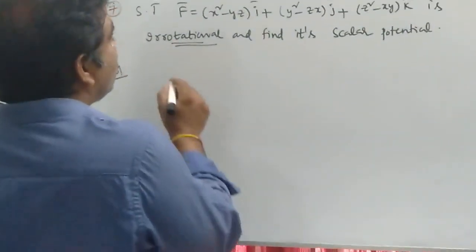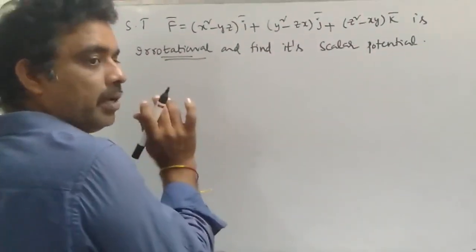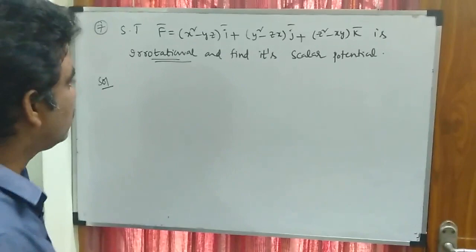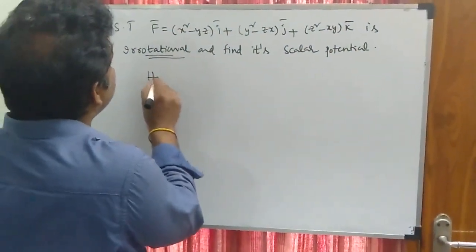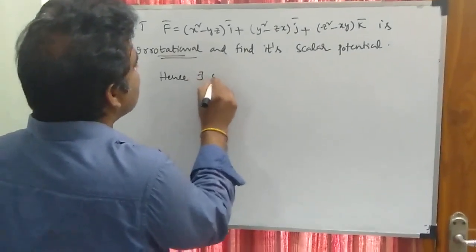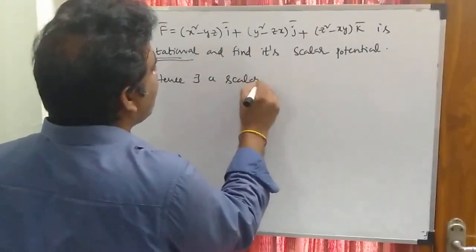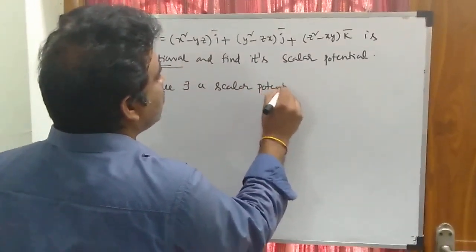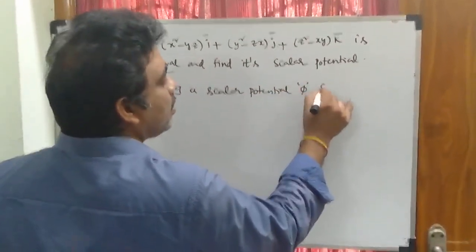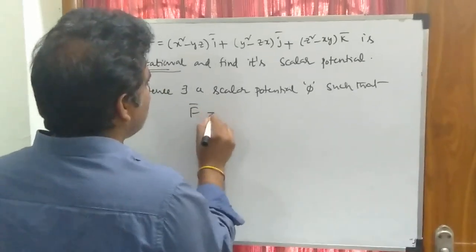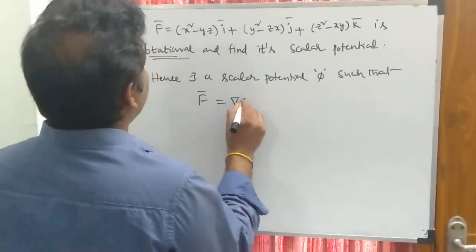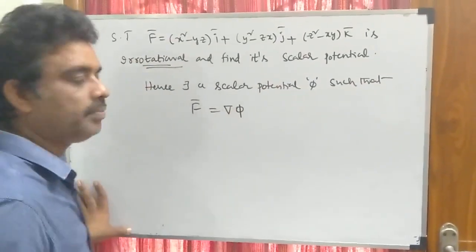So now, f bar is irrotational, hence there exists a scalar potential phi such that f bar is equal to grad phi.